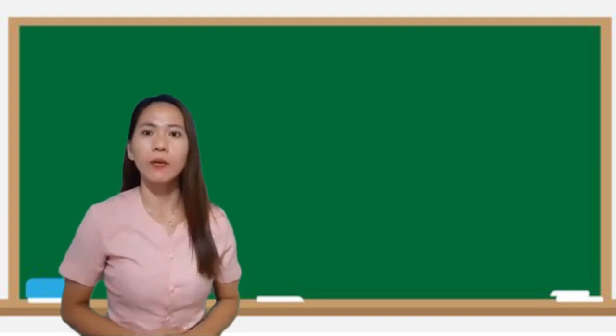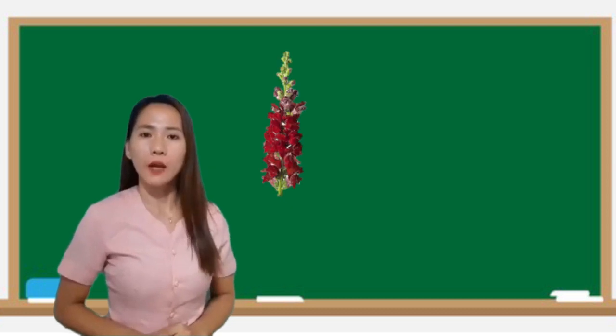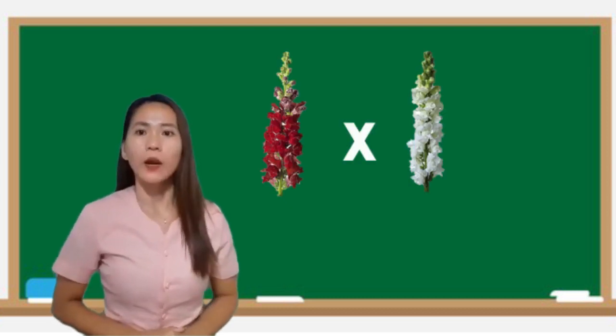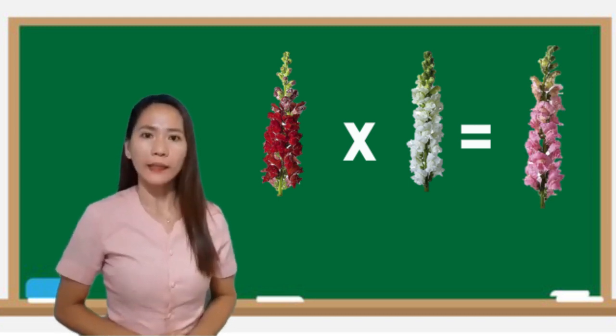An example of this can be observed in a snapdragon flower. A red snapdragon flower crossed with a white snapdragon flower results in a pink snapdragon flower. One allele does not dominate another allele, which results in a new phenotype, which is the pink snapdragon flower.